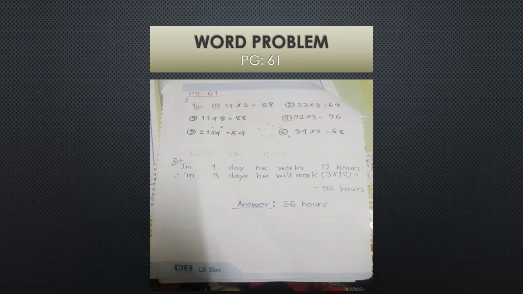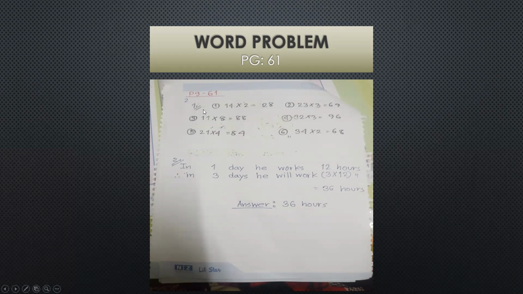Number 2. Raju's father works 12 hours a day. Okay, since I gave you the lesson about word problems, I want to solve word problems, but you have to do the calculation.